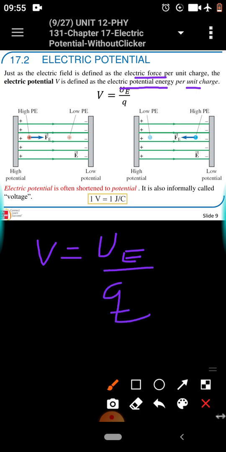This is how you calculate the electric potential. In this diagram, you will see the difference between potential energy and electric potential, and this will show the importance of it. So you need to know this formula.